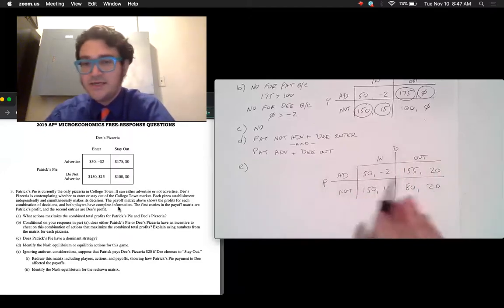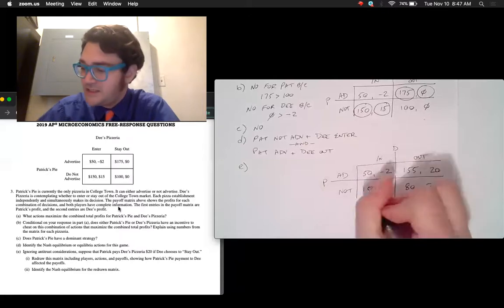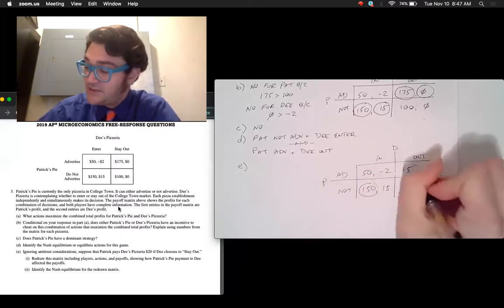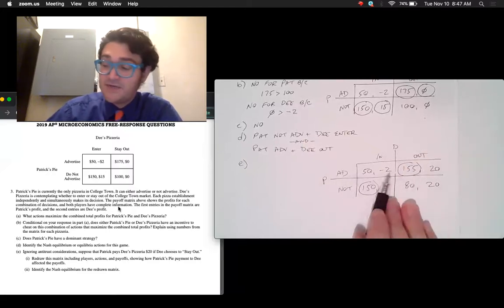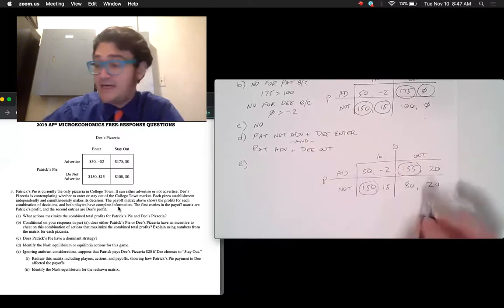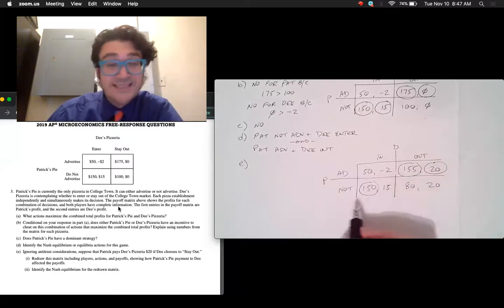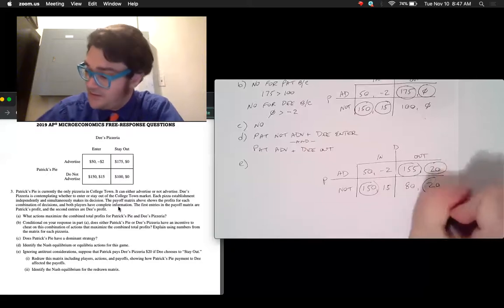So now we basically resolve this thing. If Patrick thinks D is going to come in, he's going to not advertise still. And if he thinks that she's going to stay out, he'll still advertise. And for her, if she thinks that he's going to advertise, she could jump in and lose 2 or stay out and get 20. Or if she thinks he's not going to advertise, she could jump in and get 15 or stay out and get 20. And so she'll do that.